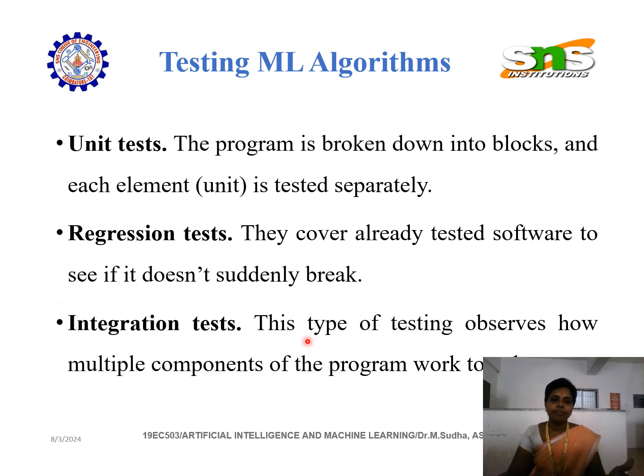Coming to the integration test, it is the synthesis part, we can say. What is synthesis? Integrating all the individual units, and then we do the whole test, that is called the integration test. This is how the testing process is carried out in machine learning algorithms.